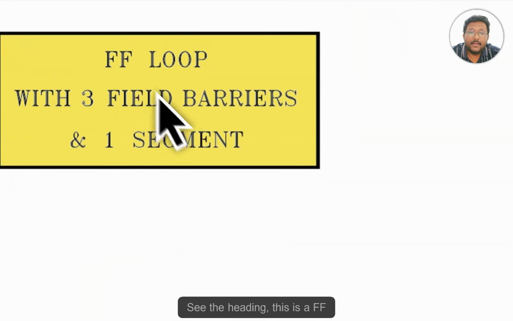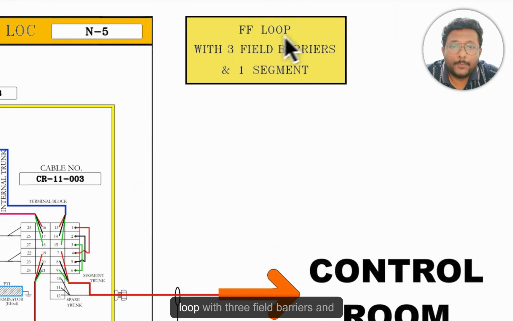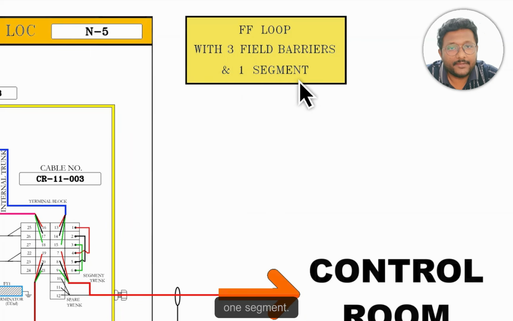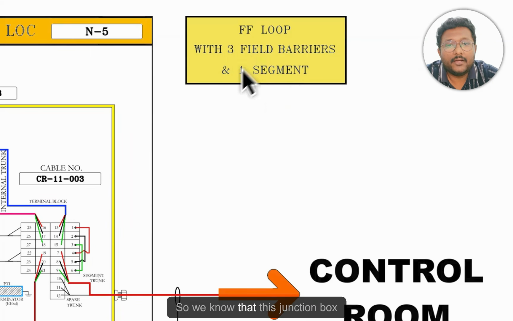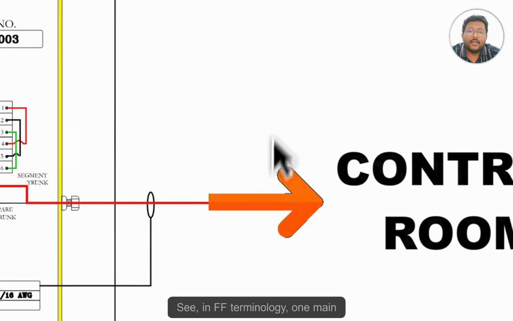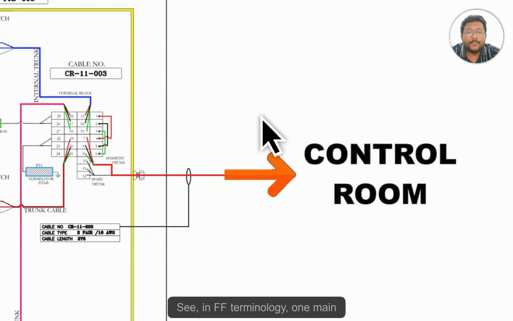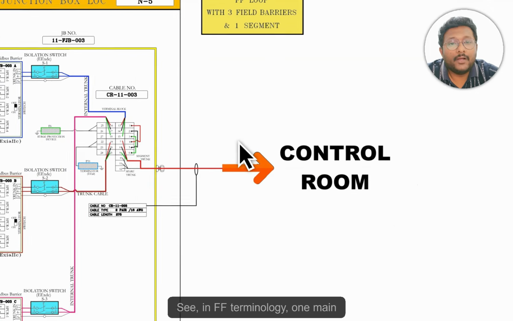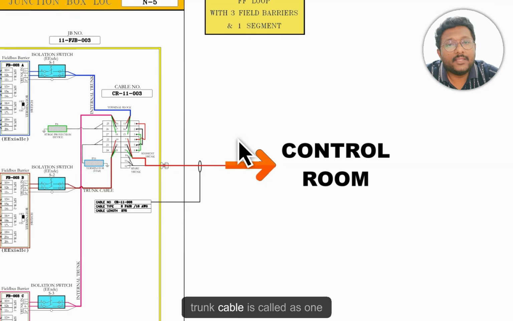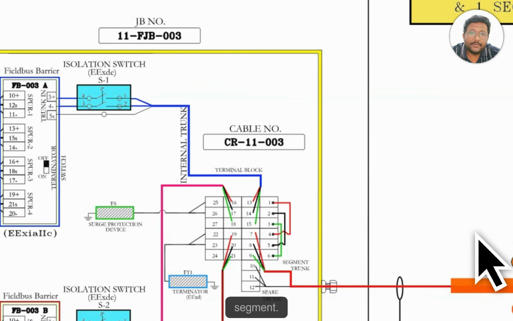See the heading. This is a FF loop with three field barriers and one segment. So we know that this junction box has three field barriers. It is clear. Then what is one segment? See, in FF terminology, one main trunk cable is called one segment.